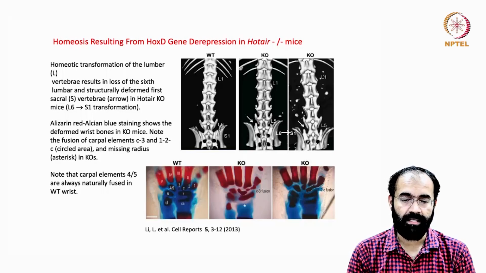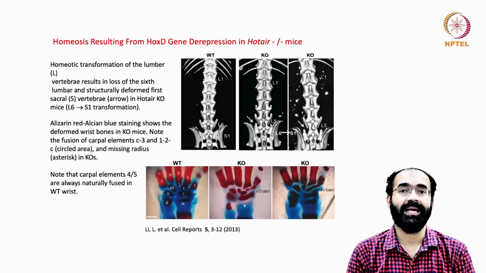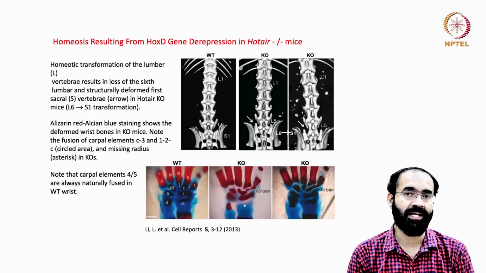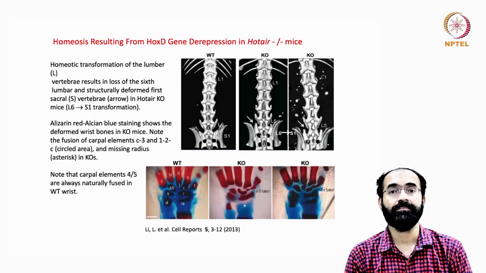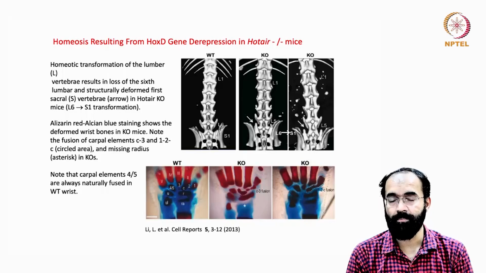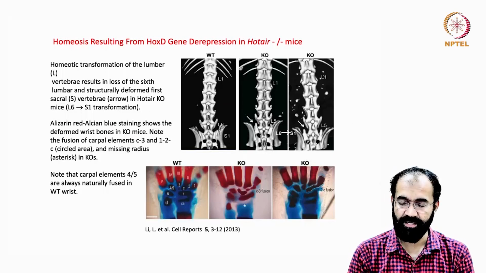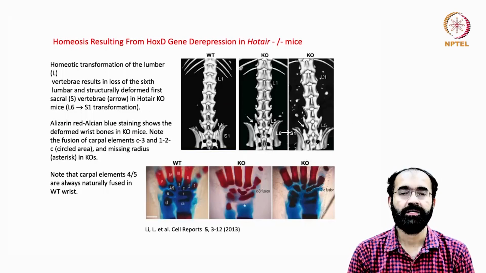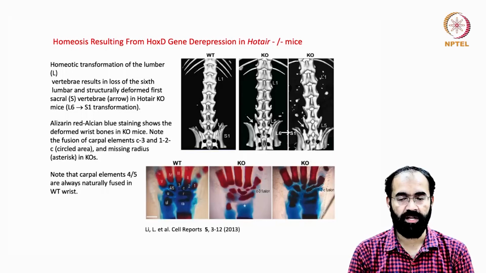Sometimes L5 is replaced by L6 itself, so you have two copies of L6. Sometimes in the place of L6 you have sacral 1, so lumbar 6 is missing. So different types of homeotic transformation are possible based on which tissue you are conditionally abolishing the HOTAIR gene.